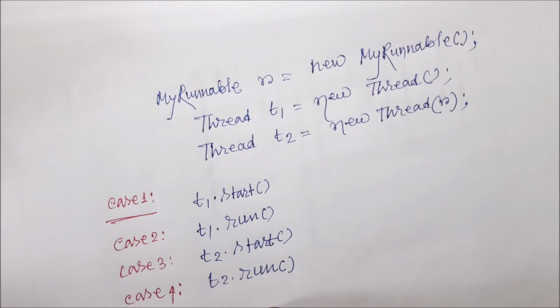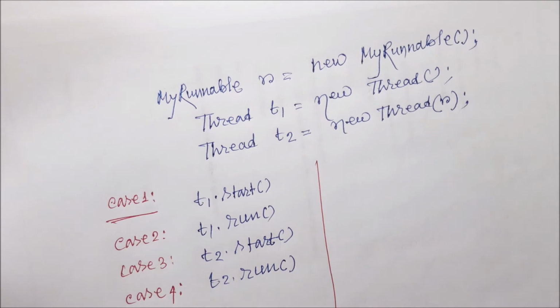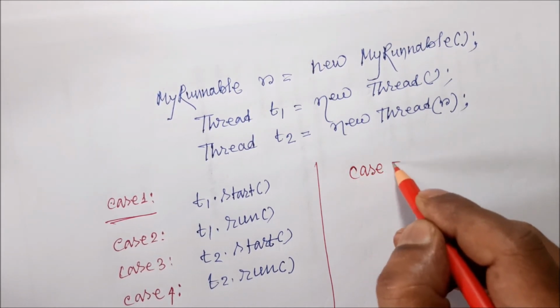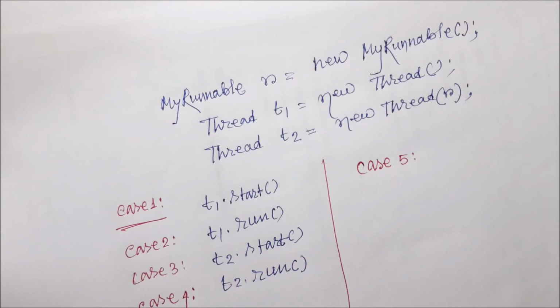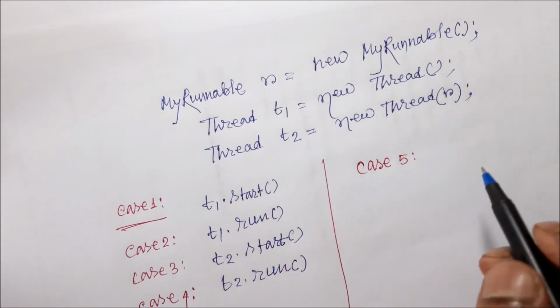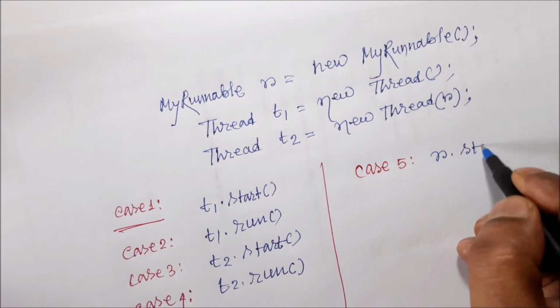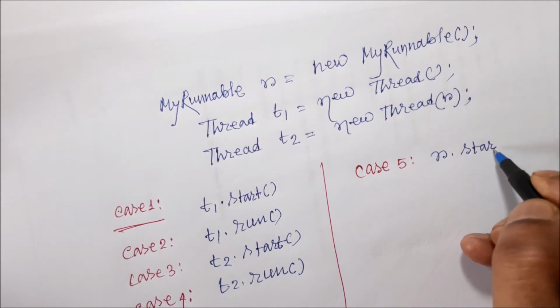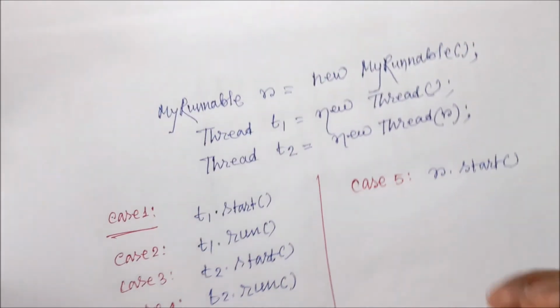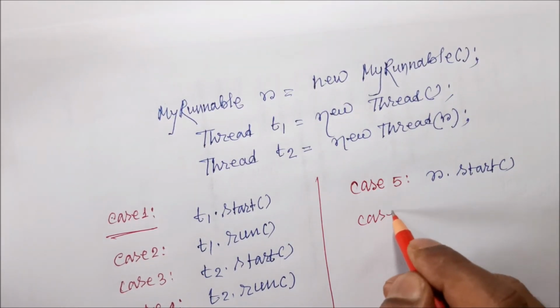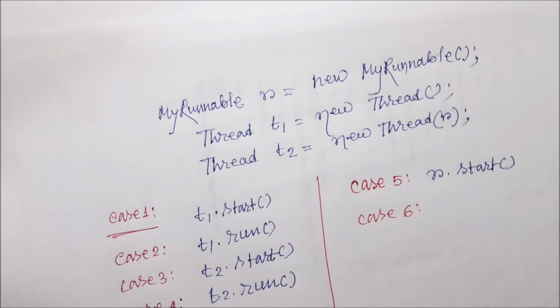In case 5, if I call the start method on the instance of this object, r.start, and case 6, the r.run method.